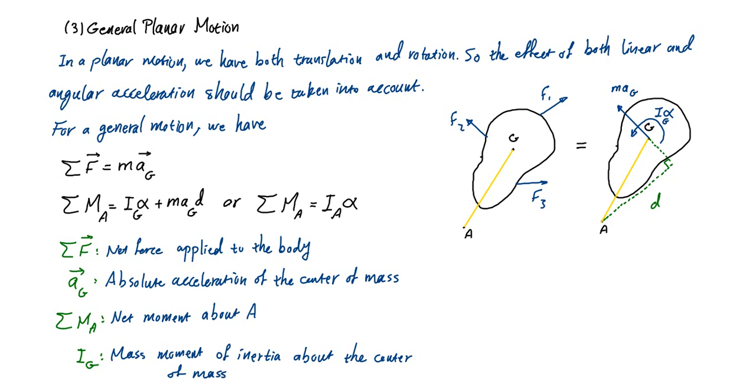Then we have alpha. Again, these are not new terms. I'm just putting everything together as a review to make sure that everybody knows what we are talking about when we're talking about these terms. Now, alpha is the angular acceleration of the rigid body.